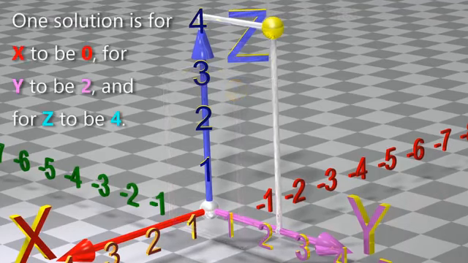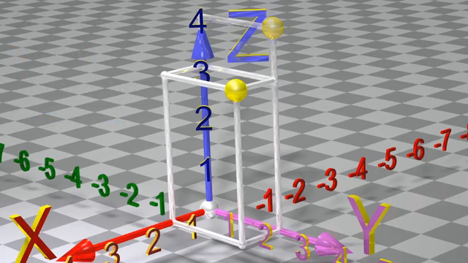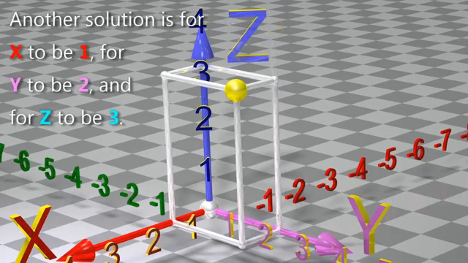One solution is for x to be 0, for y to be 2, and for z to be 4. Another solution is for x to be 1, for y to be 2, and for z to be 3.